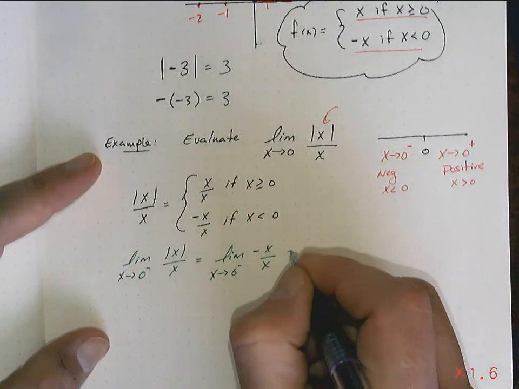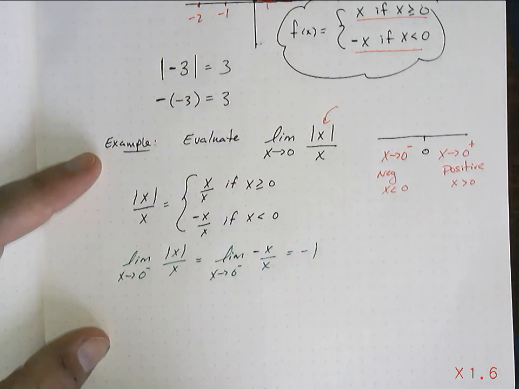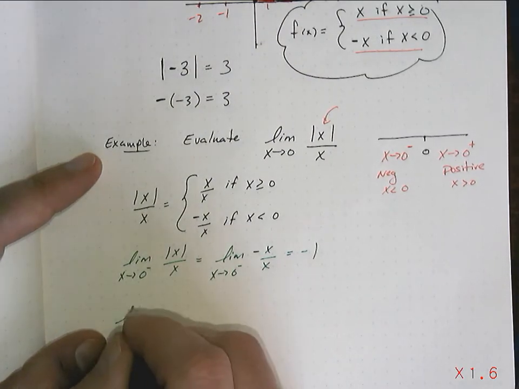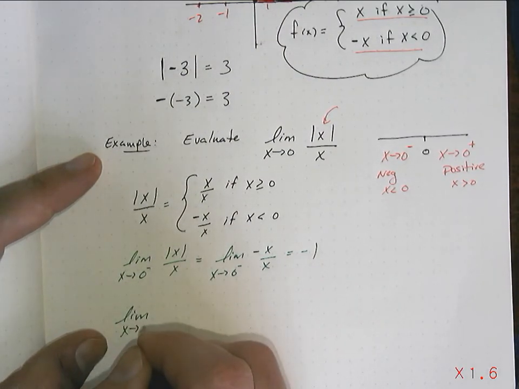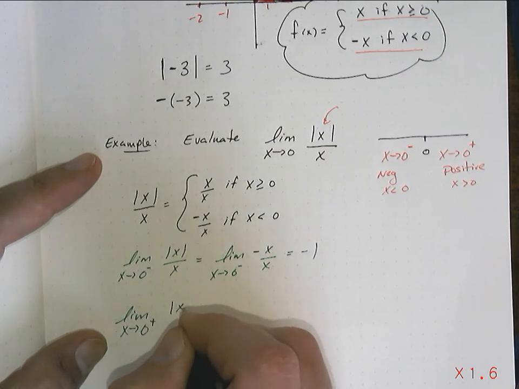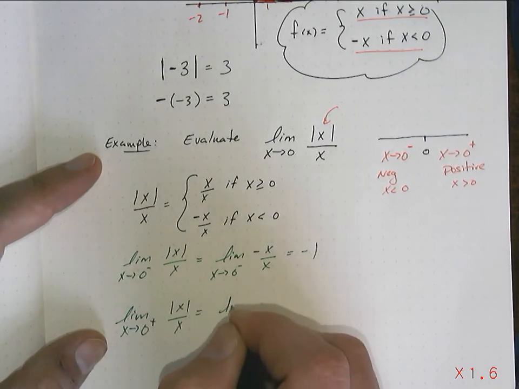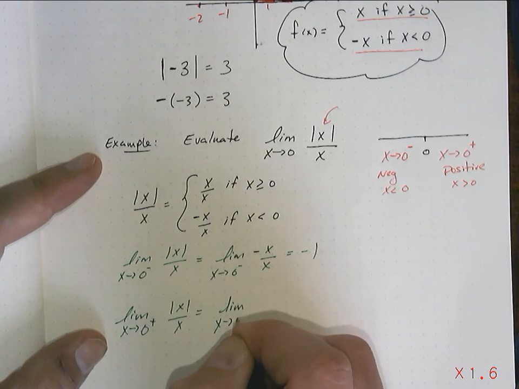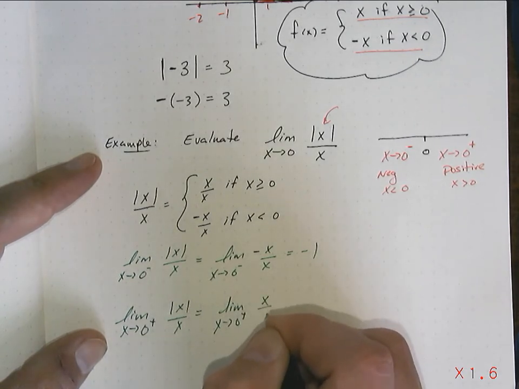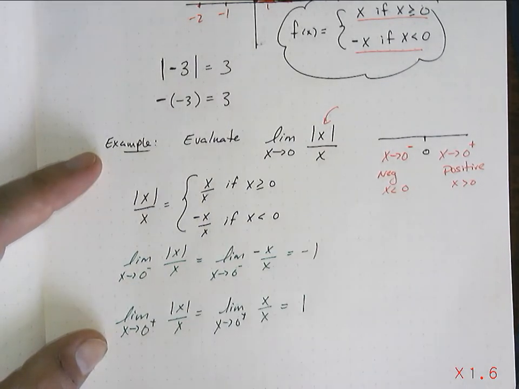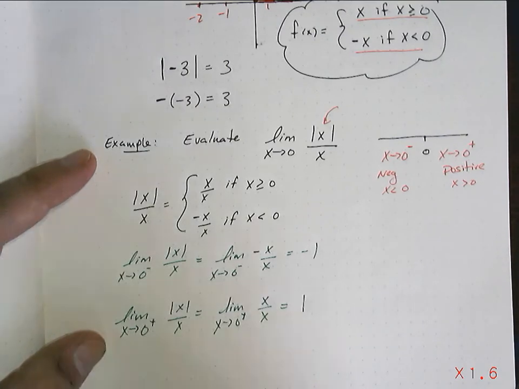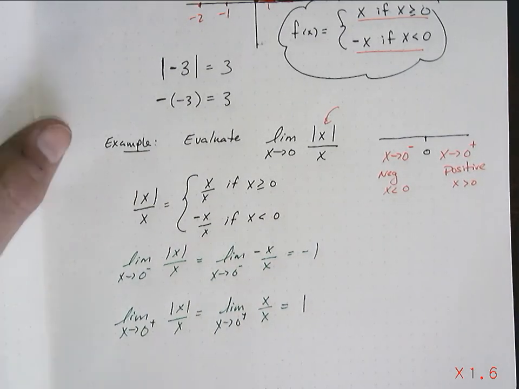And you're going to notice that that equals negative 1. And the limit as x approaches 0 from the right of the absolute value of x over x is the limit as x approaches 0 from the right of positive x over x, which is 1. And you're going to realize that negative 1 and 1 do not equal each other.